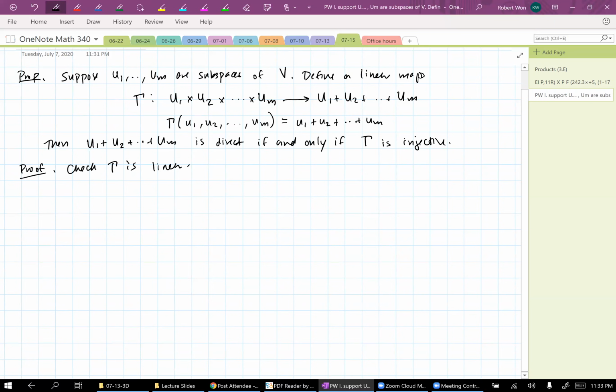Once you know that, then gamma is injective if and only if the null space is trivial. That's by a result that we proved. What does it mean to say the null space is trivial? It means that the only thing that goes to 0 is the 0 vector.